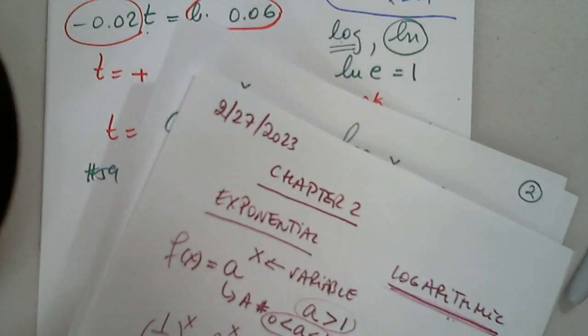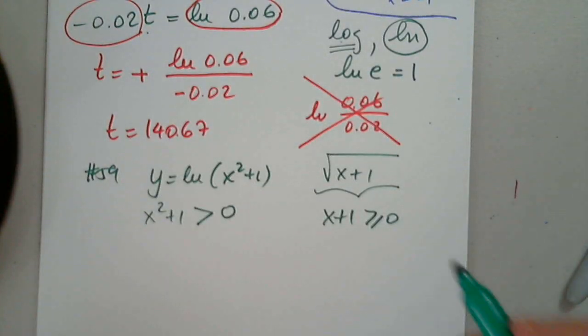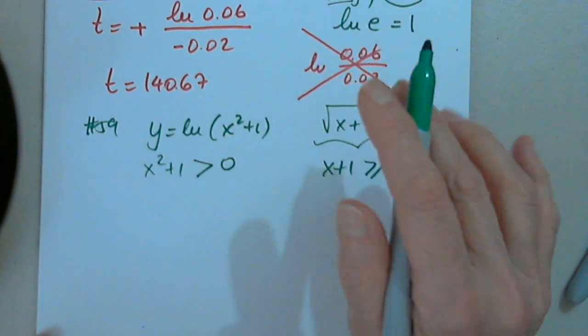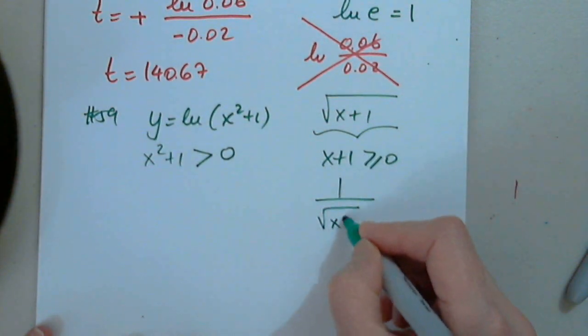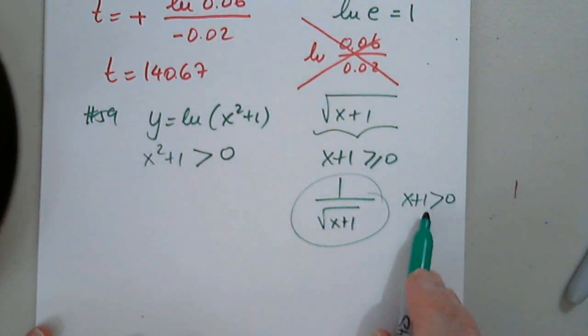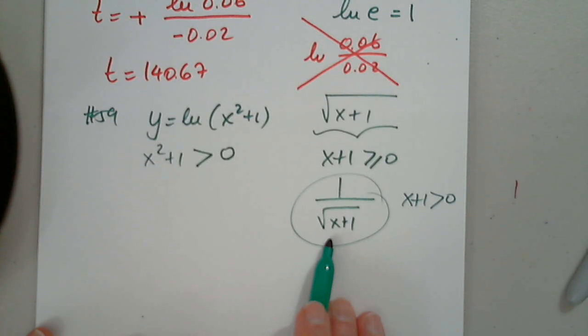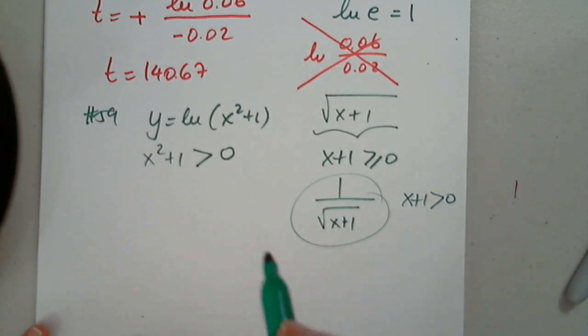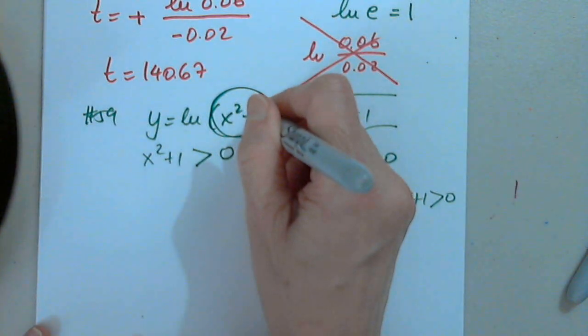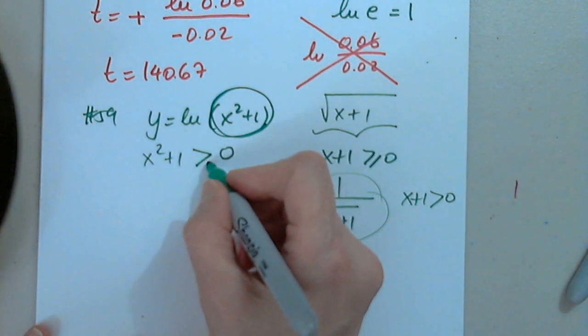So by comparison, please remember the square root can have 0 under it, unless it's something like this. For such a function, I still have to write only greater than 0 because it cannot be 0 in the denominator. But here, this quantity that natural log is applied to can never equal 0.